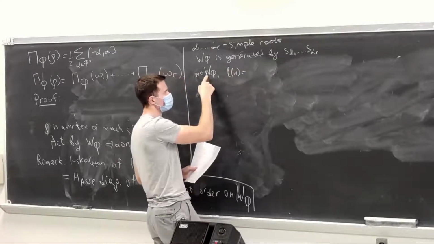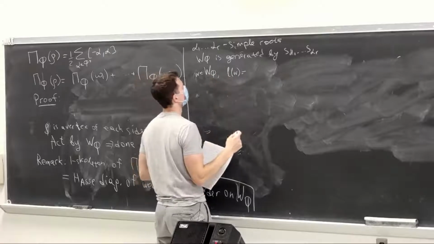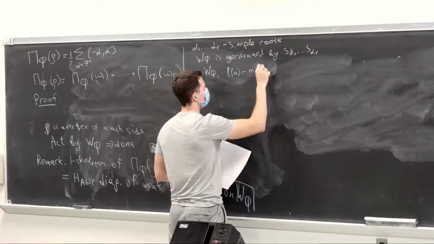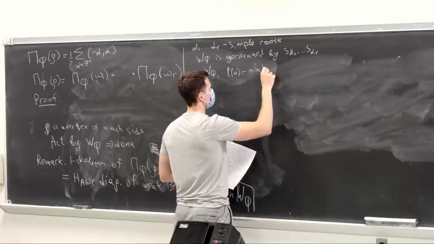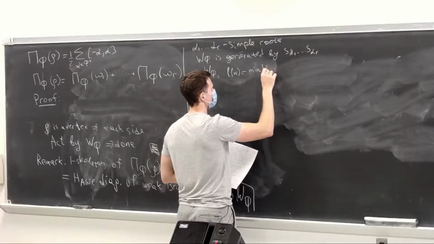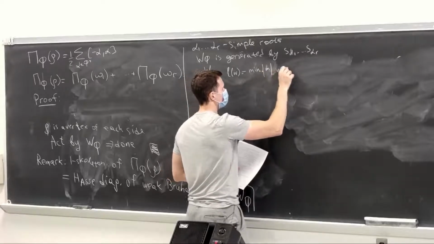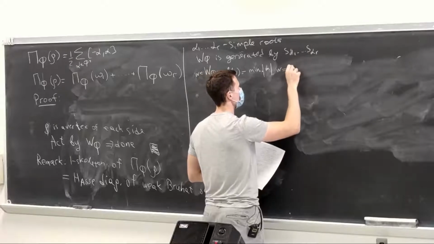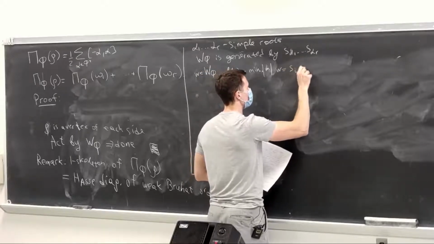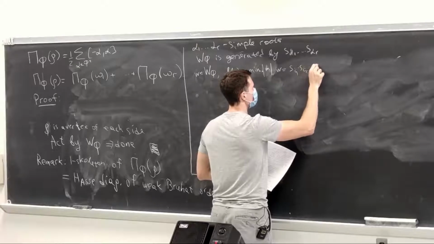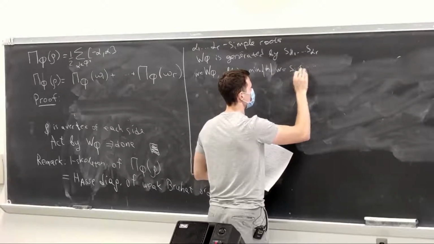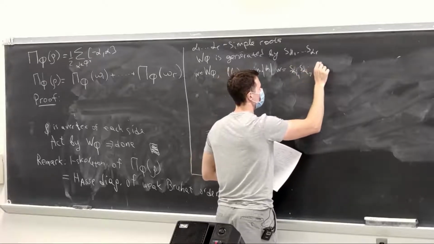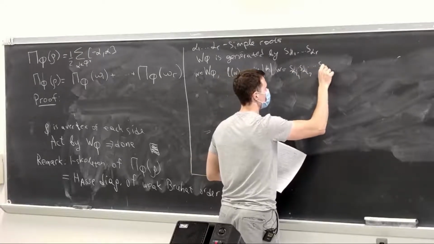There are no inversions here, but you can still define the length, which generalizes the number of inversions, as the minimum number M such that W is a product of M simple reflections, S alpha i1, S alpha i2, all the way up to S alpha iM.